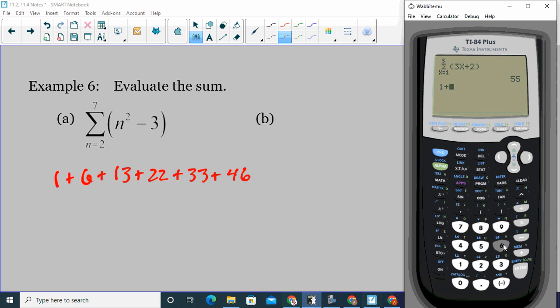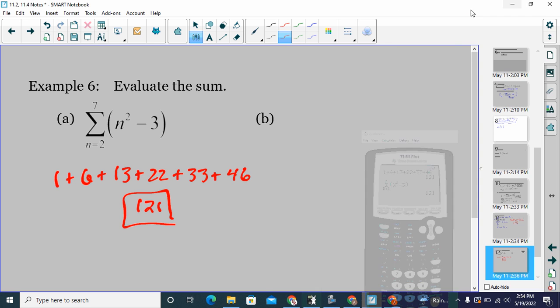I'm feeling lazy. And we can verify by doing this. X equals 2 to 7 of x squared minus 3. Does indeed give us 121.